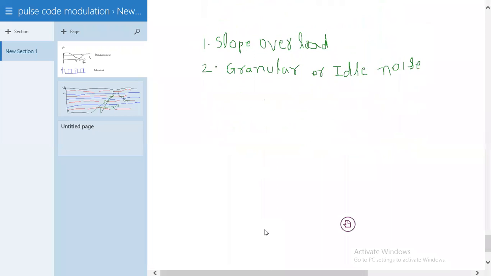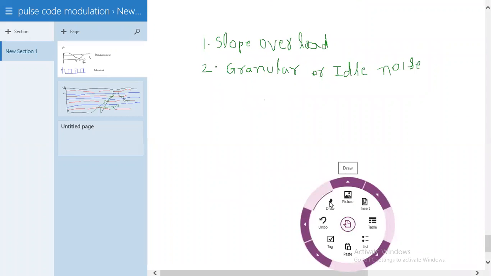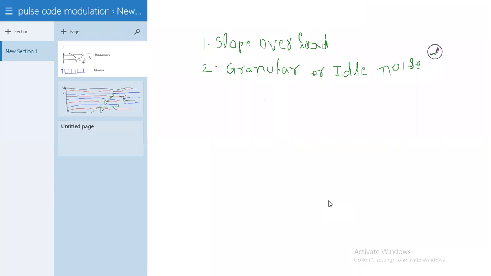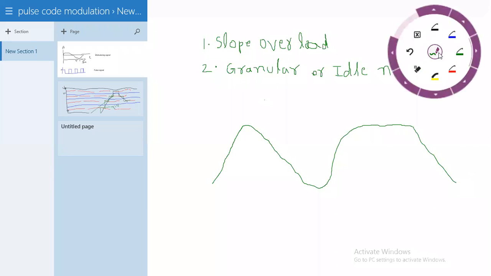Here we can observe that if the signal has steep amplitudes, the signal is like this. Look at a flat part. Now we can draw the step signal.